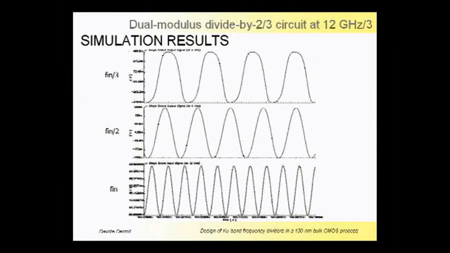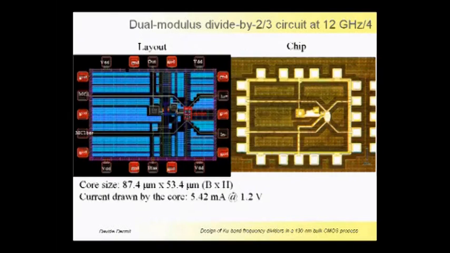Again, we can see the input frequency on the bottom of the figure at 12 gig, in the middle the output when the circuit is set to divide by 2, and on the top when the circuit is set to divide by 3. Here we have again the layout view and the chip microphotograph.